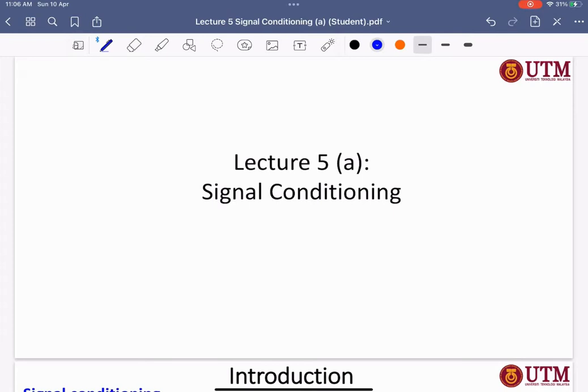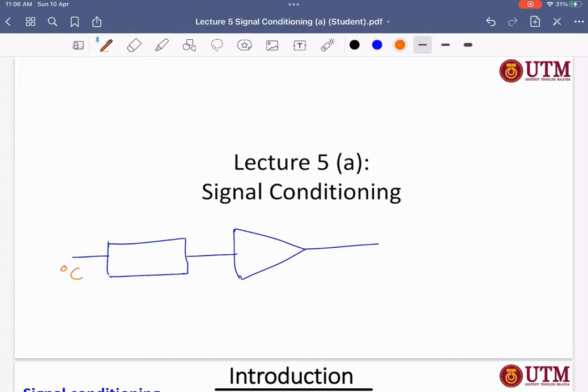Good. So we have learned about the concept of measurement and instrumentation, and a little bit about the transducer. There are many types of transducer.